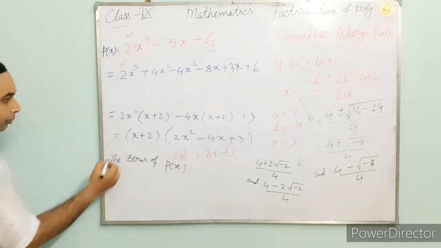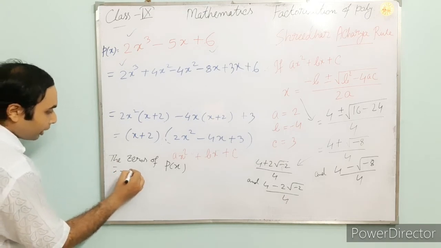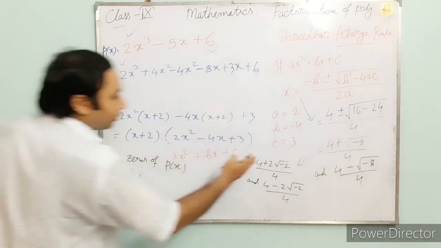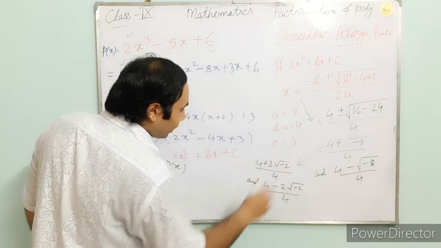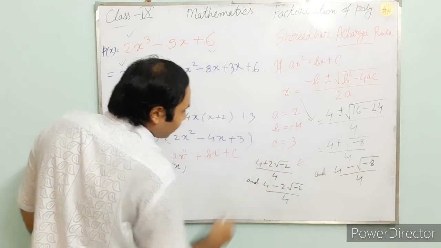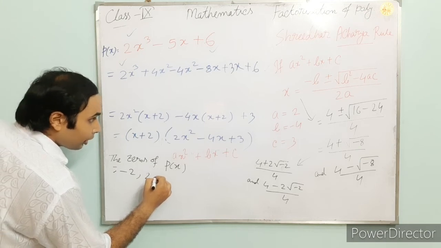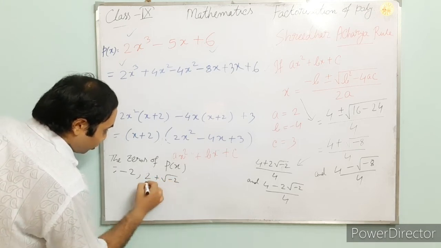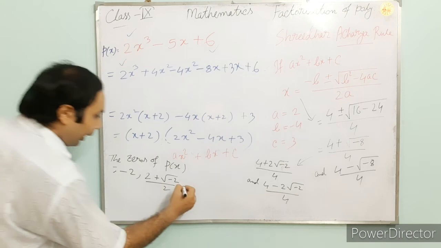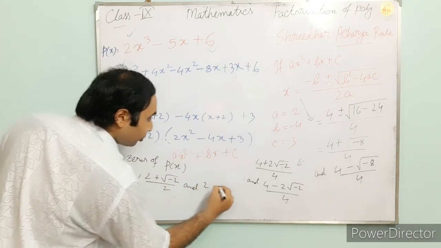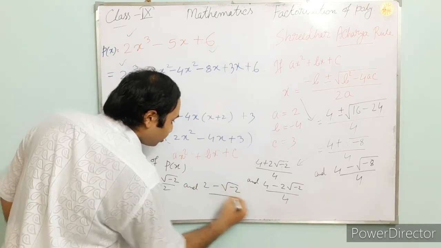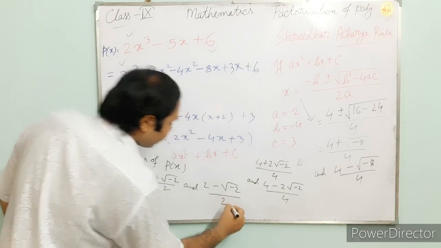px equals, here minus 2 is 1, 0. If we do the cancellation process and take the commons also, that is 2 plus root over minus 2 by 2 and 2 minus root over minus 2 by 2.